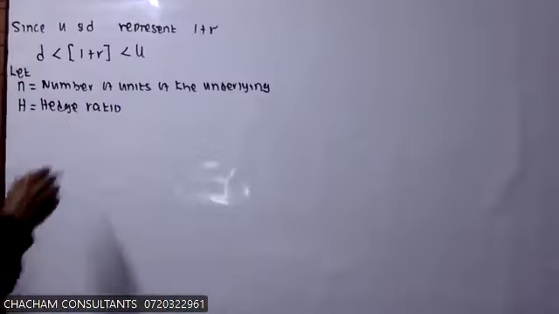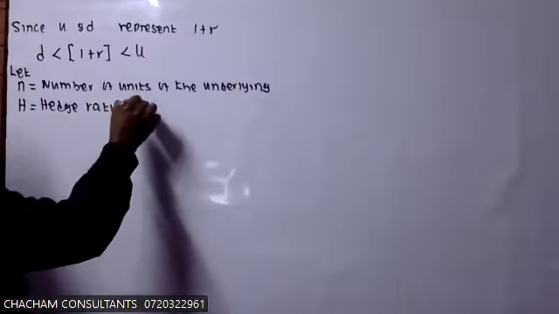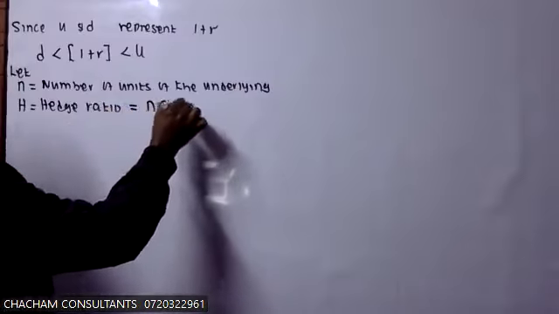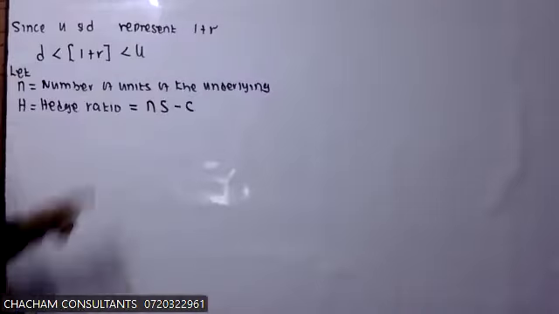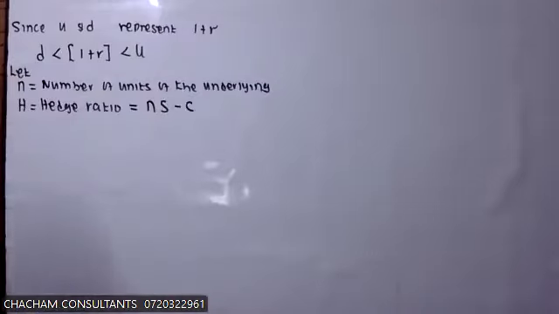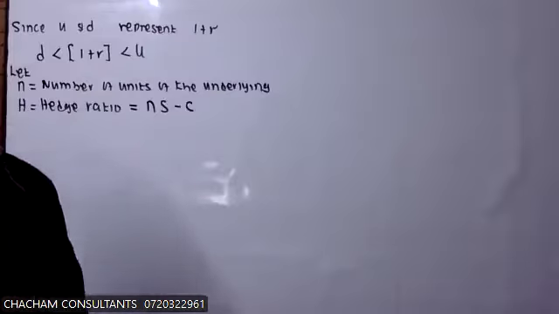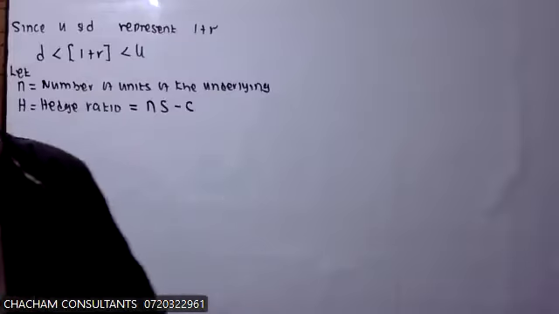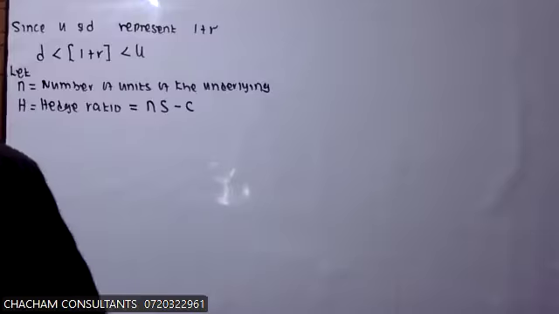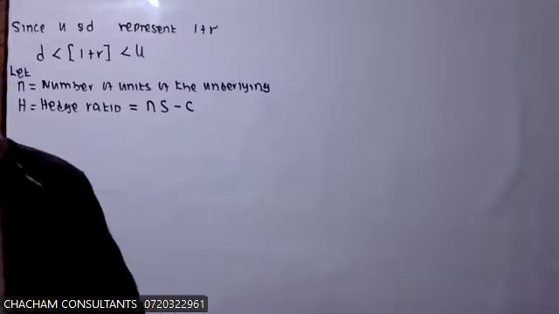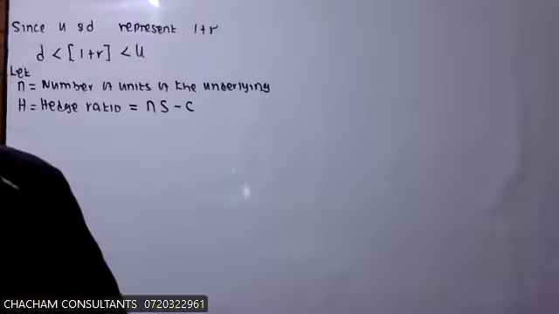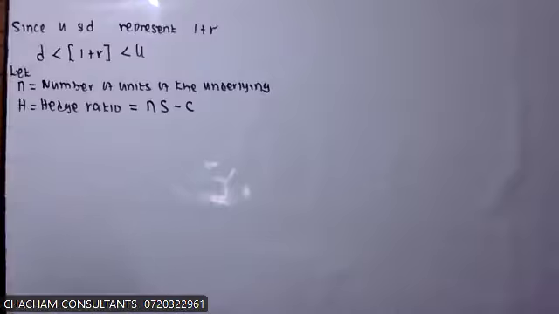This hedge ratio is given as NS minus C: the number of units of the underlying times the current price of the underlying, minus the current price of the call.